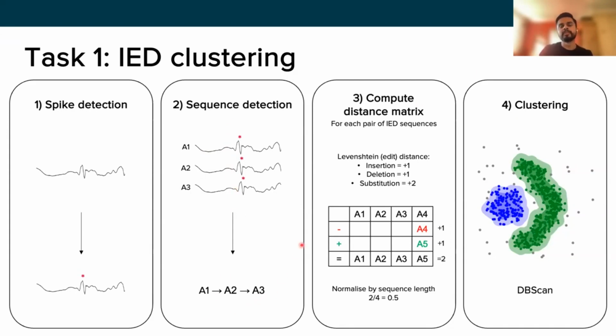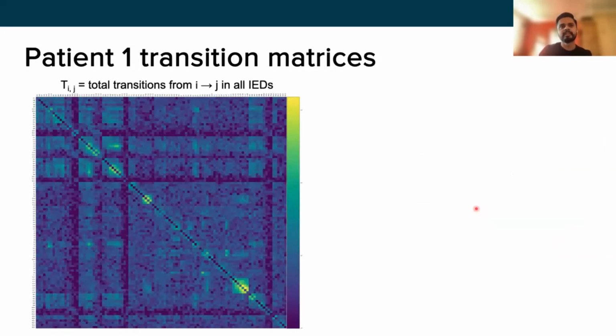Next, we produced a distance matrix for every pair of IED sequences, using the Levenshtein distance to work out a distance that factors in the ordering of these IED sequences. And finally, this distance matrix is fed into a density-based clustering algorithm, DBSCAN, to get results.